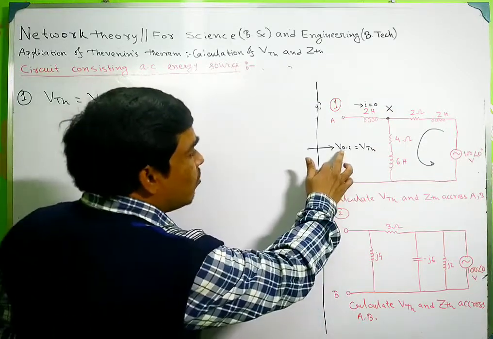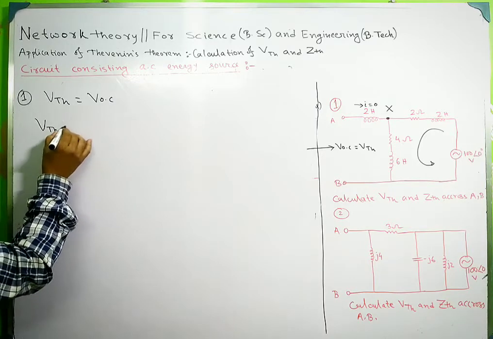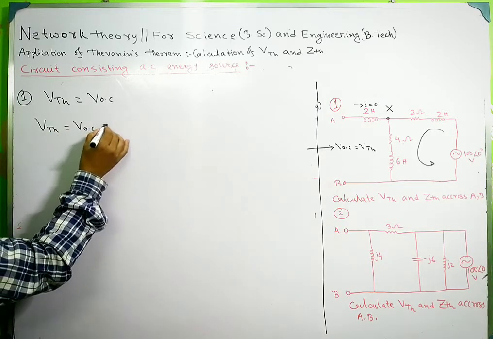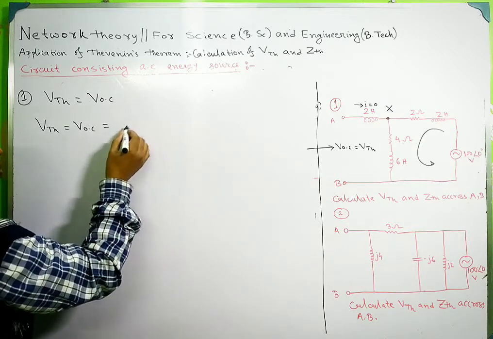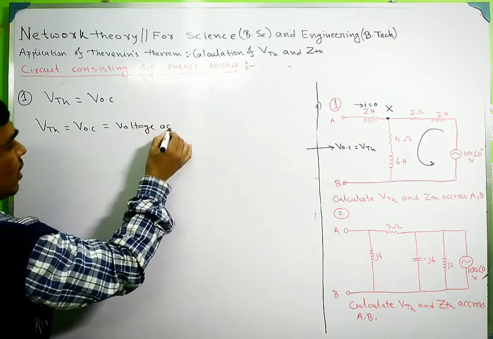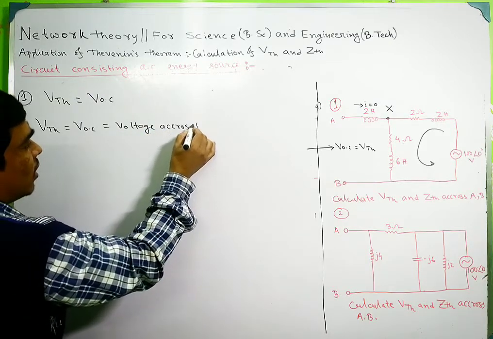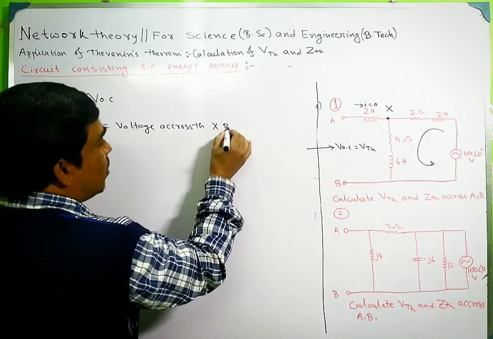So what will be the VOC? VTH equals VOC can be written as the voltage across the XB branch.